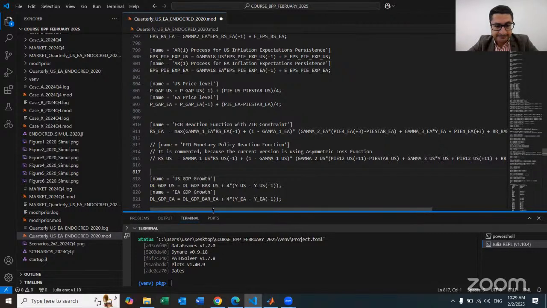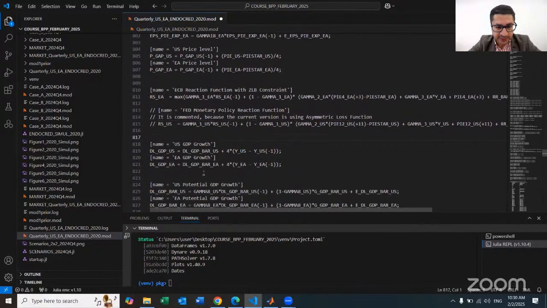Then I closed the reaction function of the Fed. Instead, we are saying that the US Fed is using the loss function to operate the monetary policy, but the ECB is using a much less complicated framework.